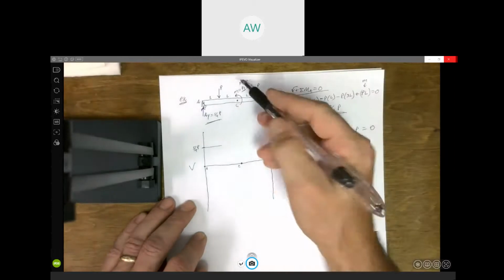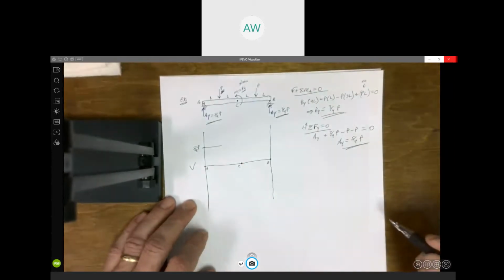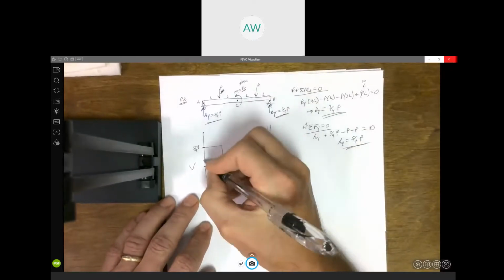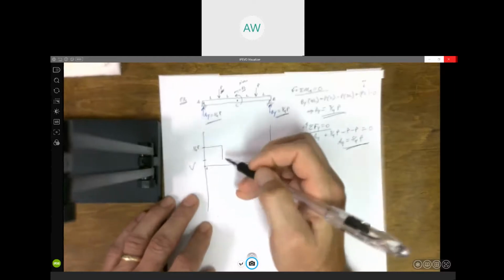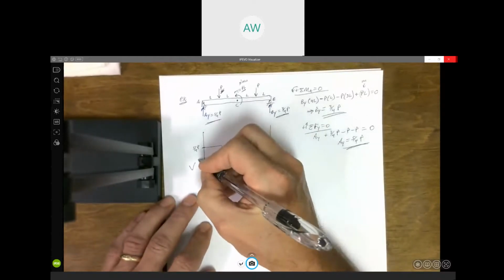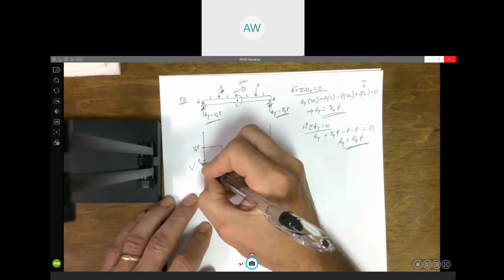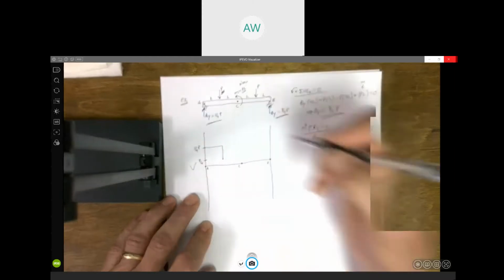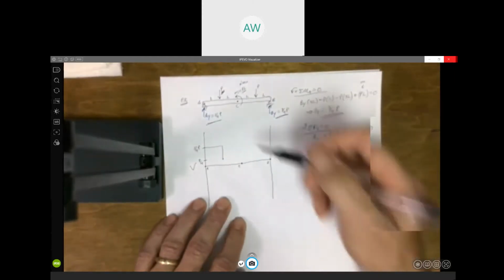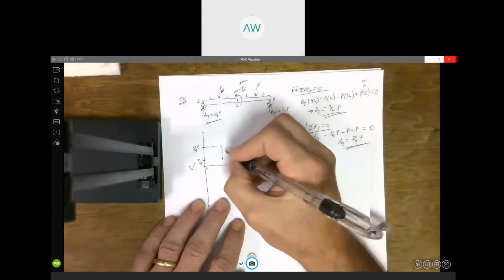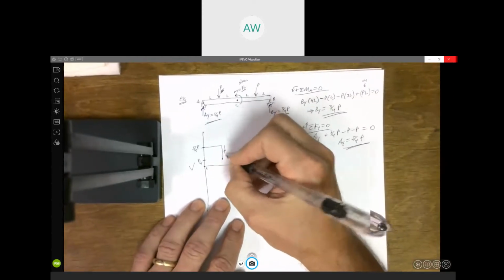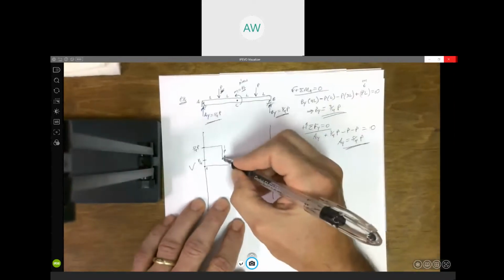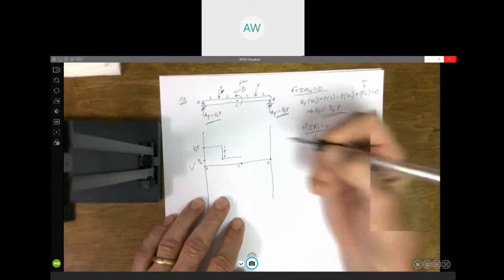When we get to this force P, we're going to go down P. So if I'm at 5/4 P and I go down P, that would be at 1/4 P. Again, y'all check my math and adding fractions here. But we go down whatever that force is. It does not change, stays constant until the loading changes.